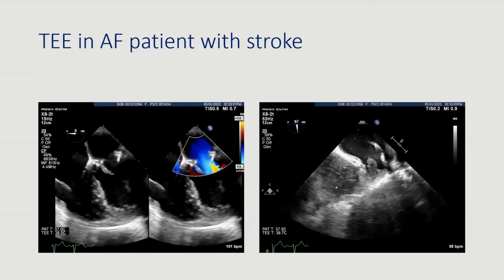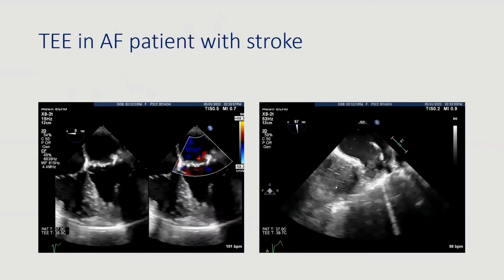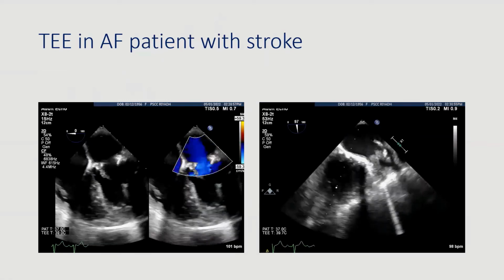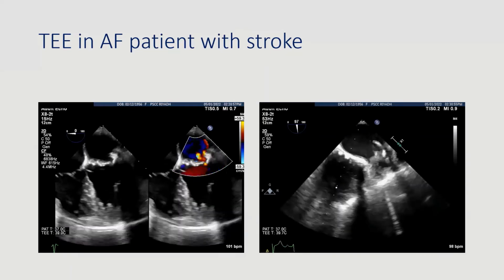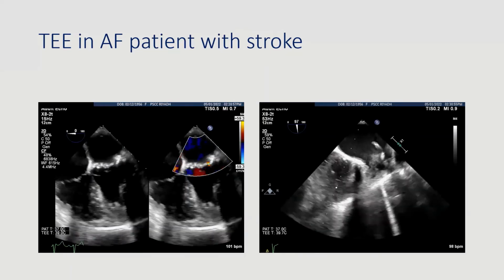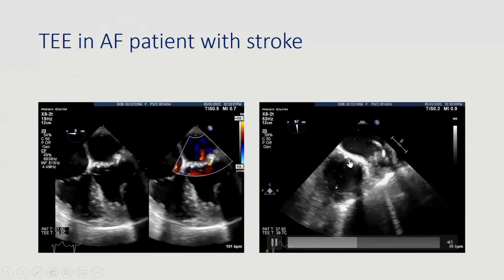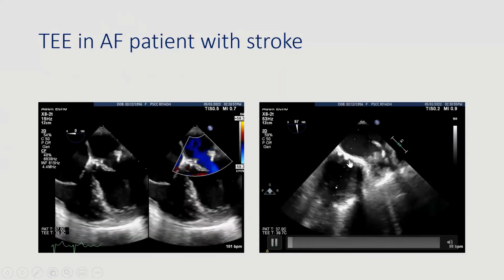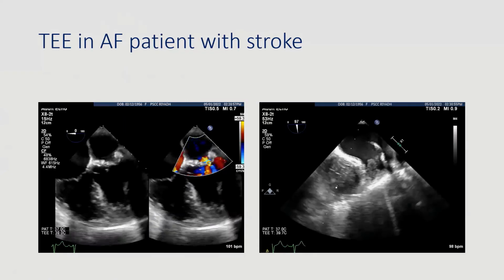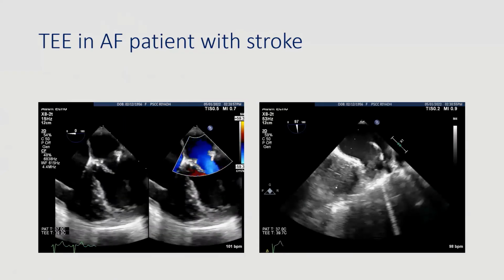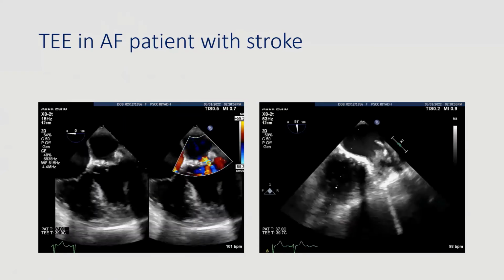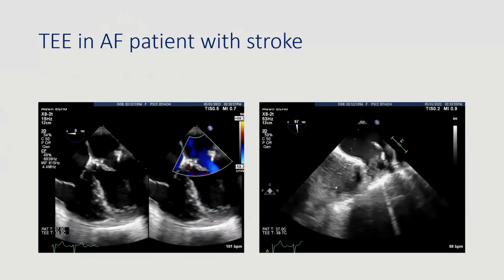Our colleagues in neurology, I don't know, they lower the bar for TEE indication, and they are requesting a lot of TEEs nowadays for stroke patients. They think that if I have AF with a clean LA appendage, I might not necessarily anticoagulate, because stroke sometimes can be massive and pre-hemorrhagic.